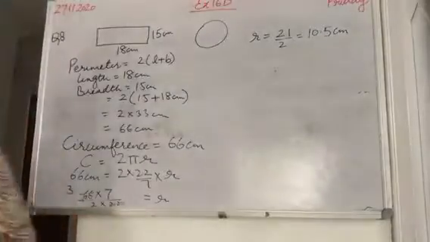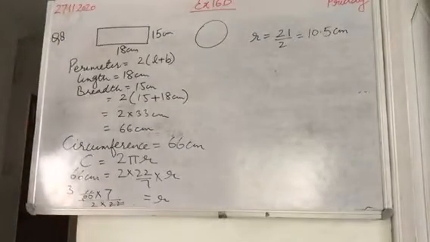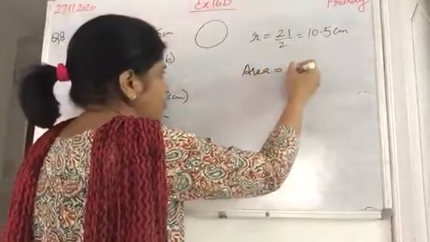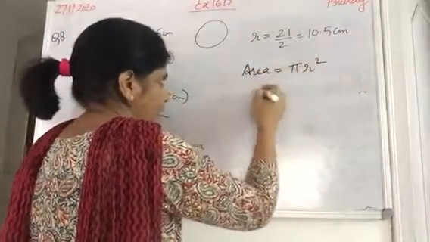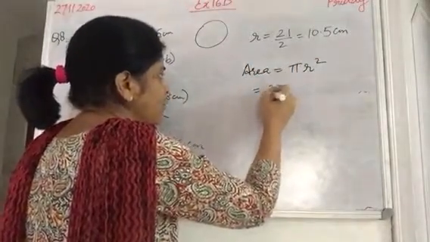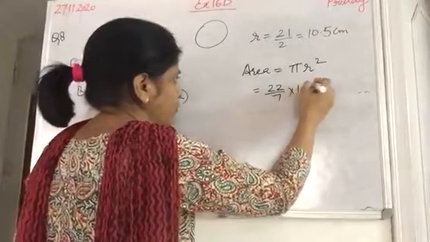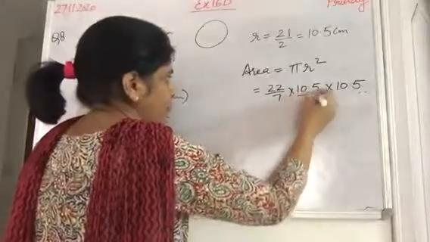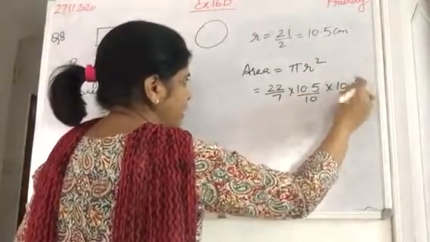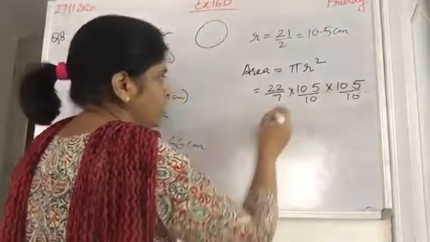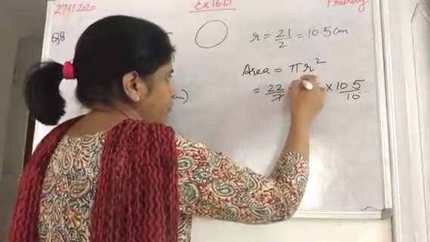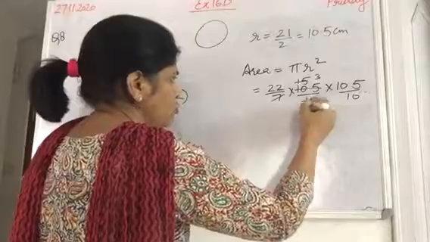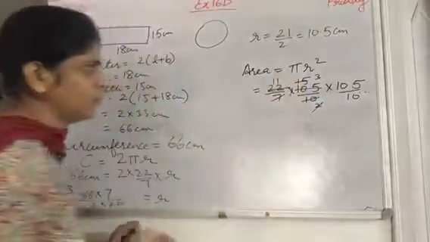Now we calculate the area. As I told you, area is pi r square. That means 22 by 7 into 10.5 into 10.5. When we remove the decimal, it will be 10 and 10.